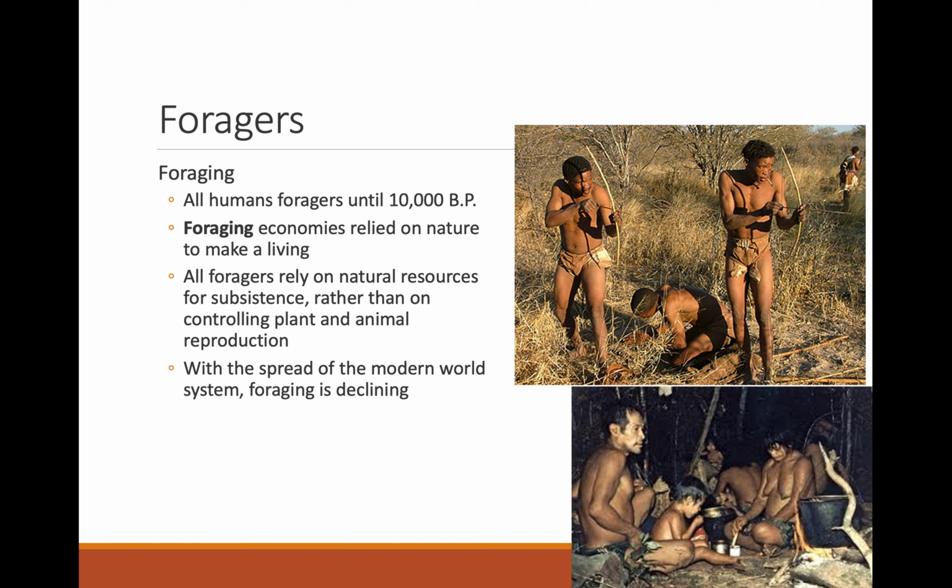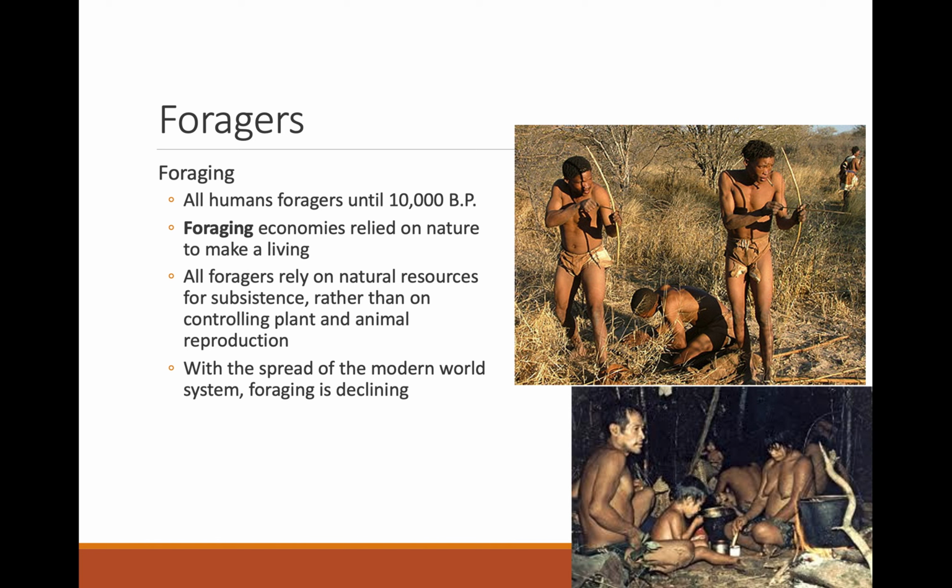Foragers rely on natural resources that follow natural patterns of availability, seasonality, etc., where the humans themselves are not actively tending to those resources. That is, they're not watering, they're not transplanting. Instead, they will consume those resources when those resources are available, and they will move on and eat other naturally occurring resources at other times.